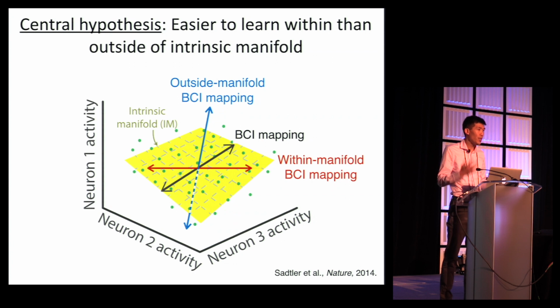What we do is we switch the mapping, performance goes down, and then we watch to see, through learning, how performance recovers. The second thing is that other studies have shown that subjects can learn outside manifold mappings. So it's not as if these outside manifold mappings are impossible.